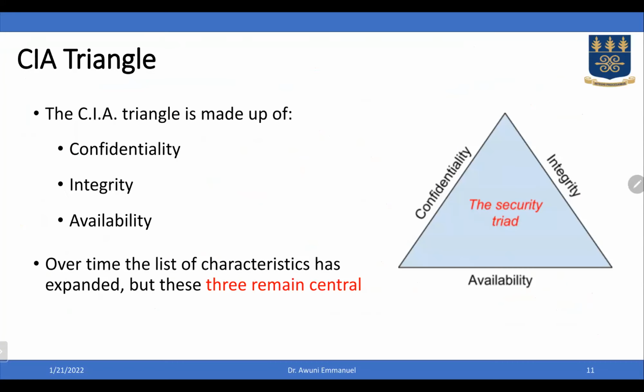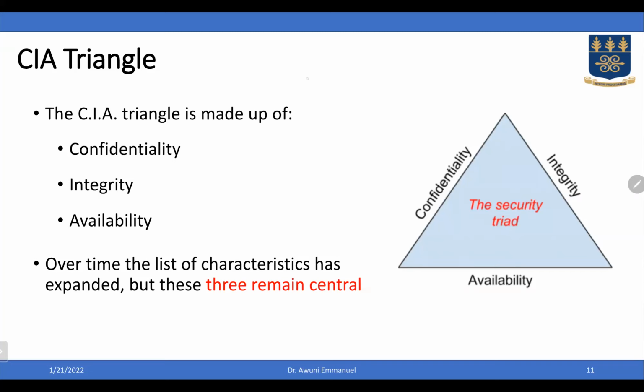Okay, so now let's move on. Let's look in detail at the CIA triad: confidentiality, integrity, and availability. I remember one of you asked a question regarding other characteristics of information security.